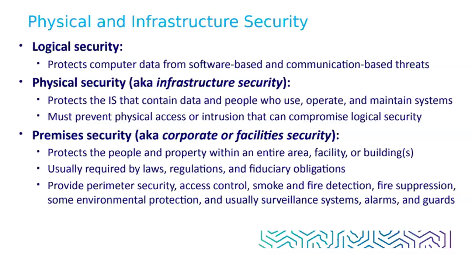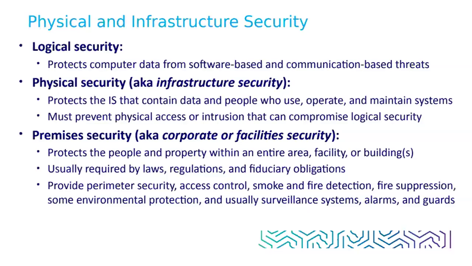So in this process, logical security is going to protect the computer data against software-based and communication-based threats, whereas physical or infrastructure security is going to protect the information systems, hardware, and personnel from physical threats and prevent physical access that could compromise the logical security.